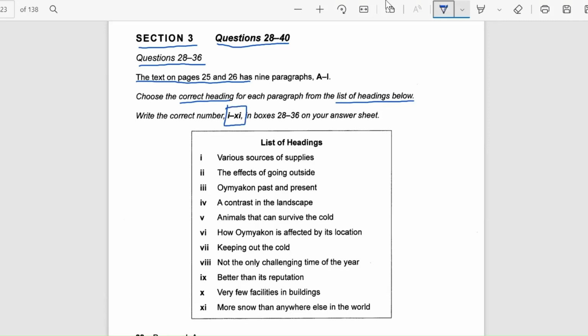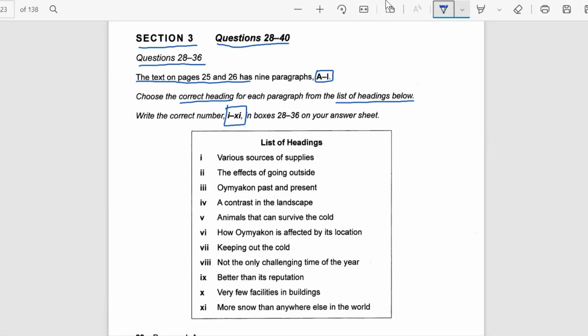They are so important. Now you don't have to write the whole heading. You have to write any one number that is mentioned here in the answer sheet. So please don't end up writing the whole thing. It's just any one of these numbers that you're supposed to write. It may be an alphabet, it may be a number, but usually you'll find numbers because alphabets, they already have given alphabets to paragraphs, right?